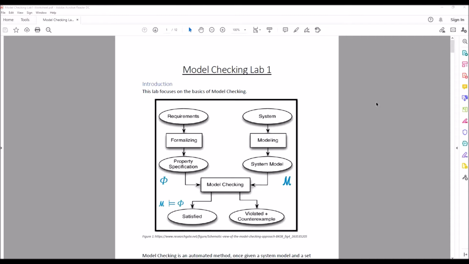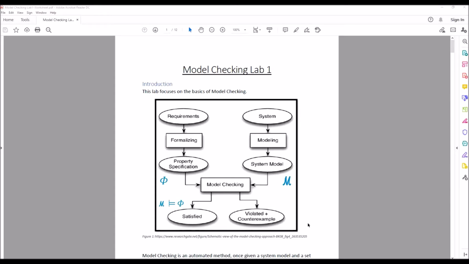So we've seen this diagram before. On the left hand side we have our requirements, which we formalize, and we get our property specifications. This is done using temporal logics, or as I say, a mathematical language, which is denoted by the phi symbol. And on the right hand side we have our system, which is then modeled, and we come up with our system model, denoted by our M here.